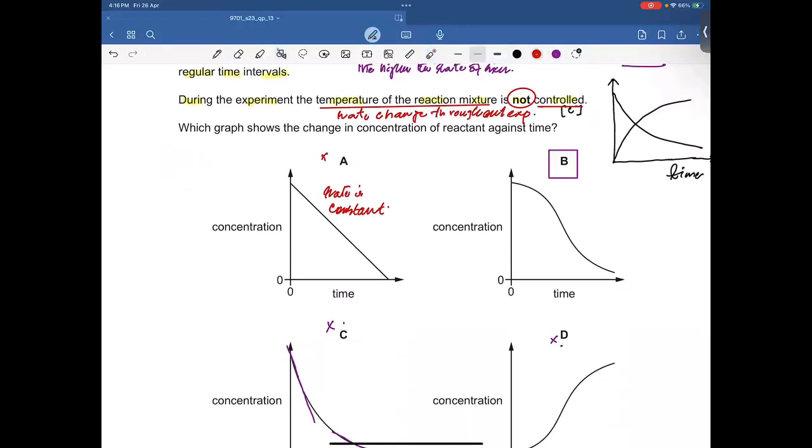How come B? Look, initially rate is slow. All right. Then rate becomes faster.